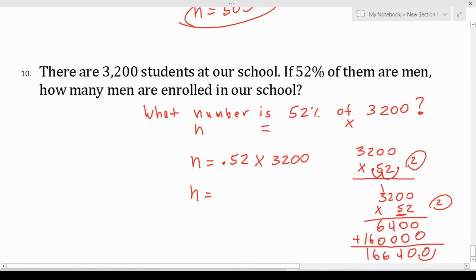Bring our 2 decimals back in, 1, 2. So as we can see, N in this case is 1,664, which means that if 52% of the 3,200 students are men, that means 1,664 students are, in fact, men.